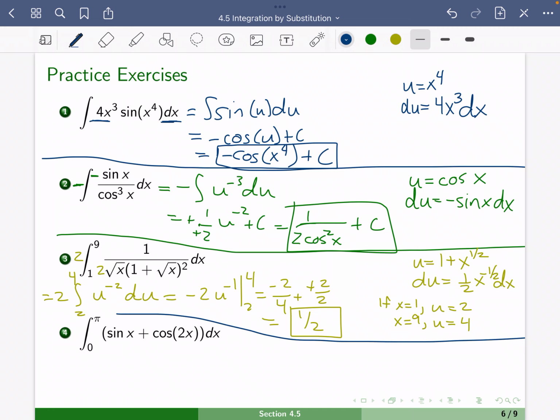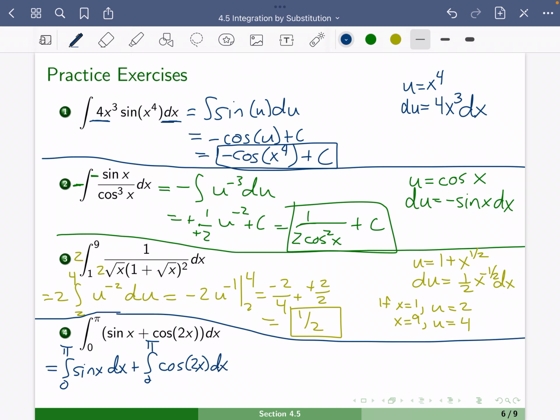Here we have the integral from 0 to pi of sine x plus cosine 2x. Now, how are we going to deal with that? Well, we could split it up as an integral from 0 to pi of sine x dx plus an integral from 0 to pi of cosine of 2x dx.